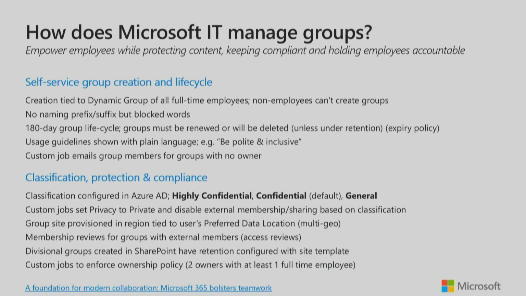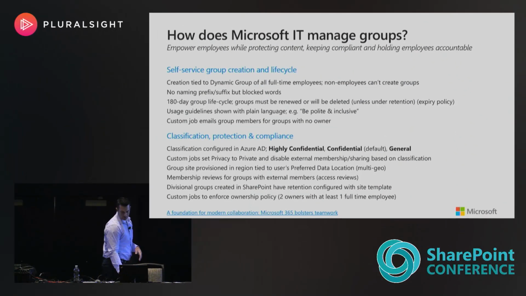And if it's high, we have other processes that go in place to filter that through the documents that are created and are part of that group. And I already talked to this a little bit, but we have custom jobs that run every day to look at inconsistencies in classification and privacy settings and things like that. So that's an overview of the best practices that we've implemented.